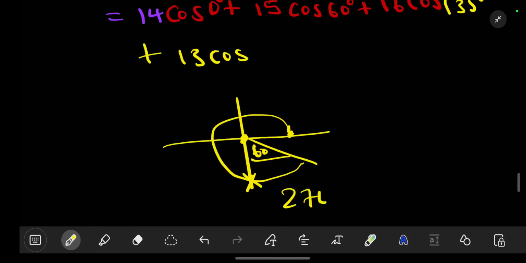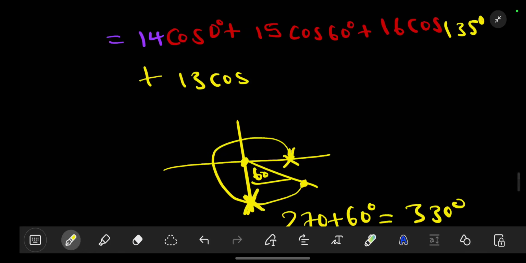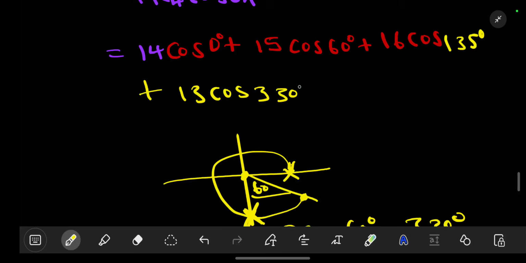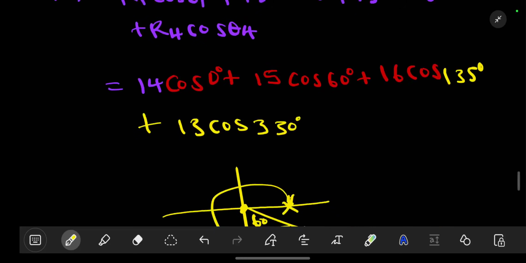So we take a 270 there, we add it plus this 60 degrees, which will give us 330 degrees. From here up to where the 60 is 360, because from here up to just here it is 270. You add, it will be 330. So we are going to say 330 degrees like that.